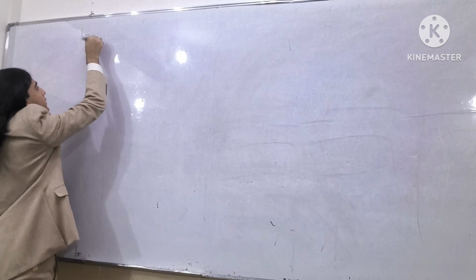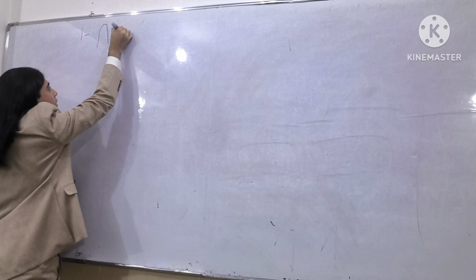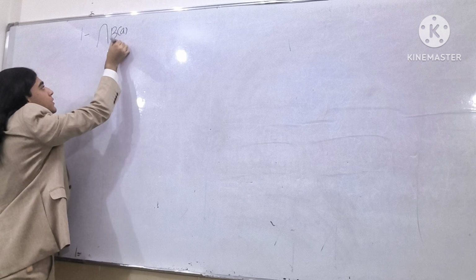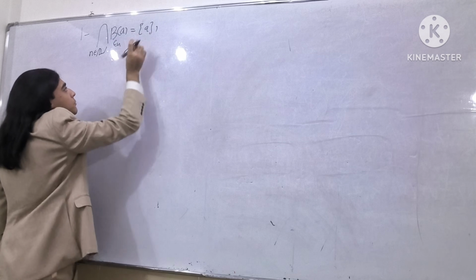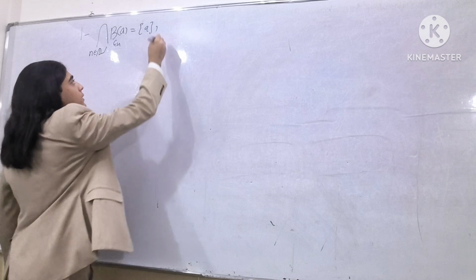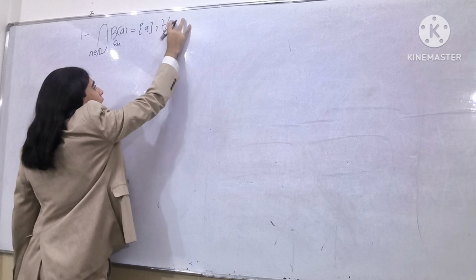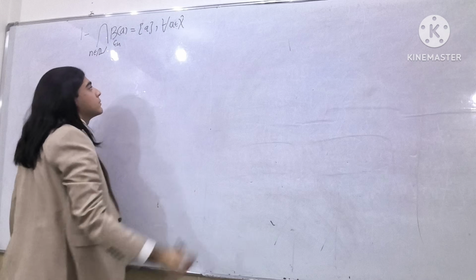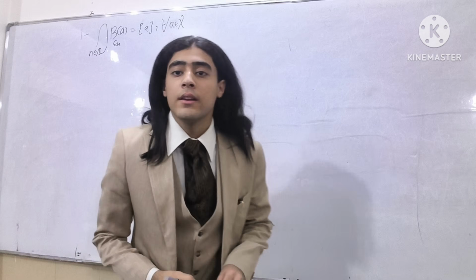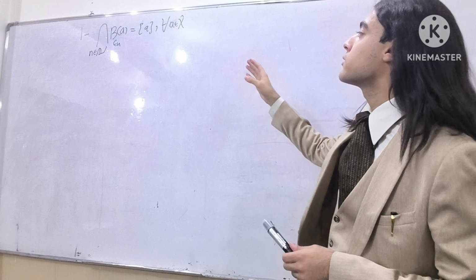I wrote before that the intersection of the balls of A with epsilon n is equal to the equivalence class of A for all A in X. That was the first result.